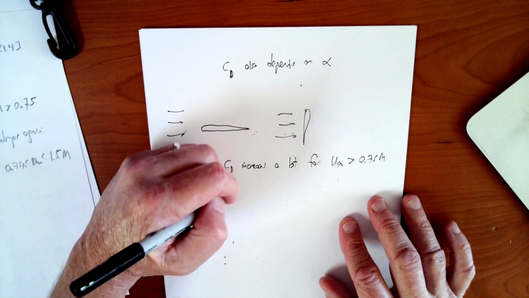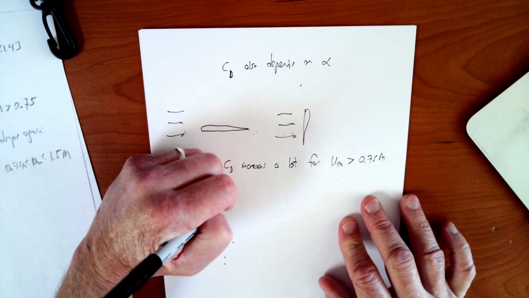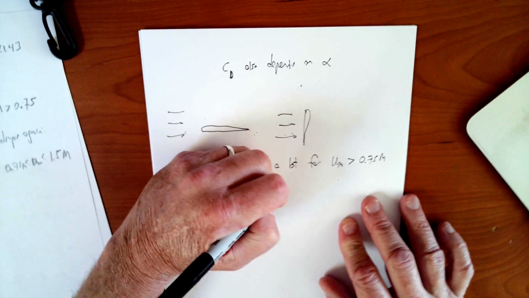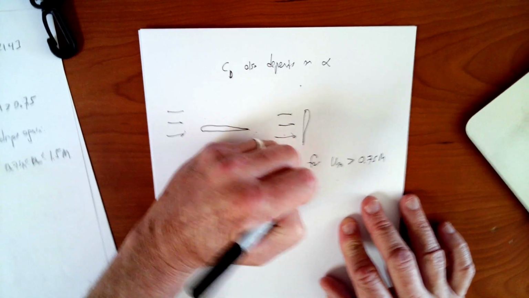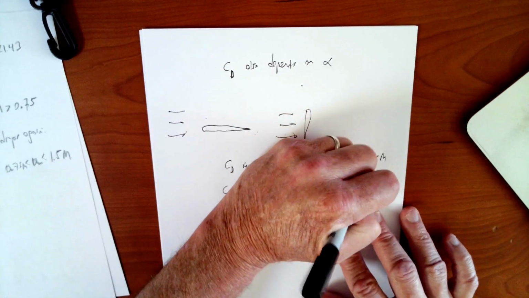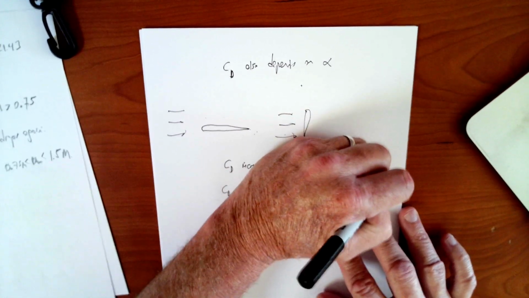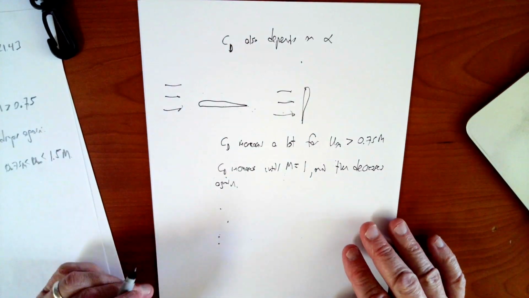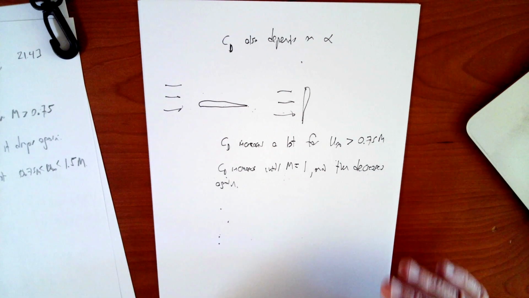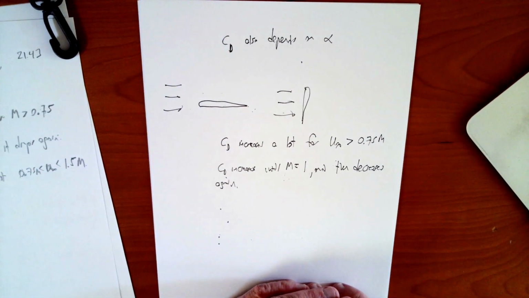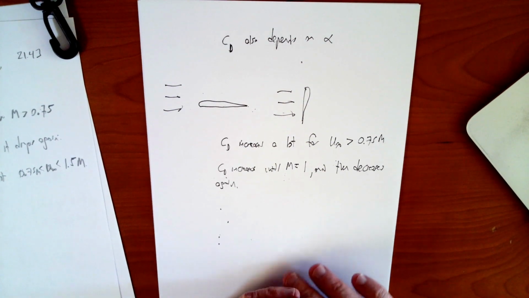It maxes at Mach 1. So CD increases until M equals 1, and then decreases again. That's interesting. So we see the drag increasing; flying in that region near the speed of sound turns out to be very difficult because the drag increases a lot.